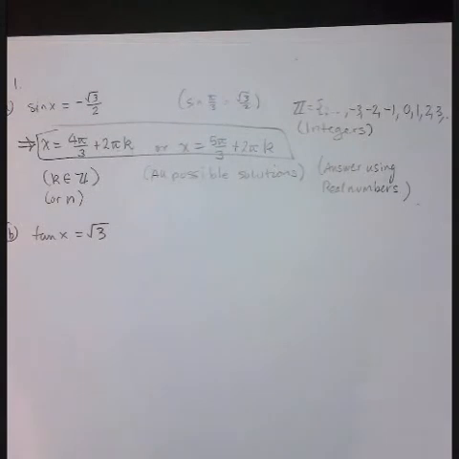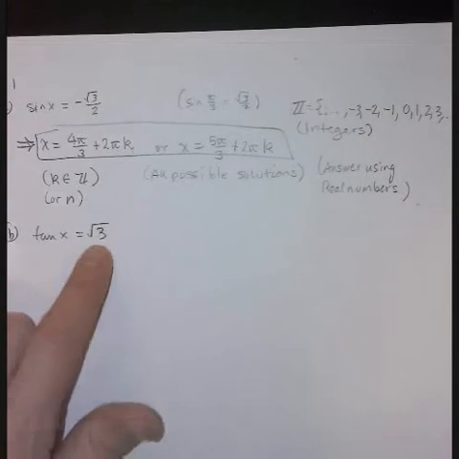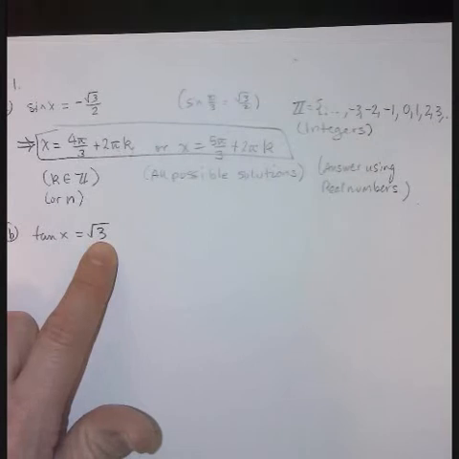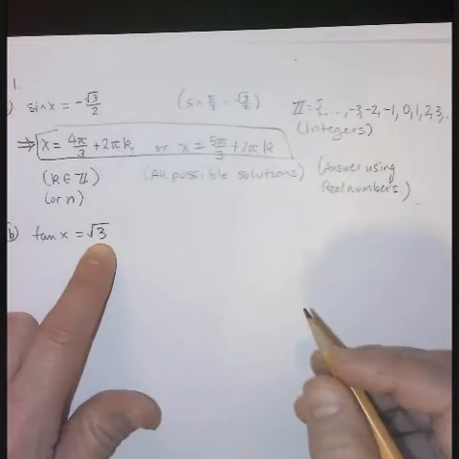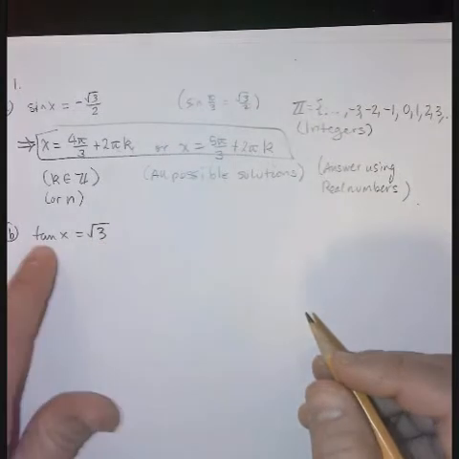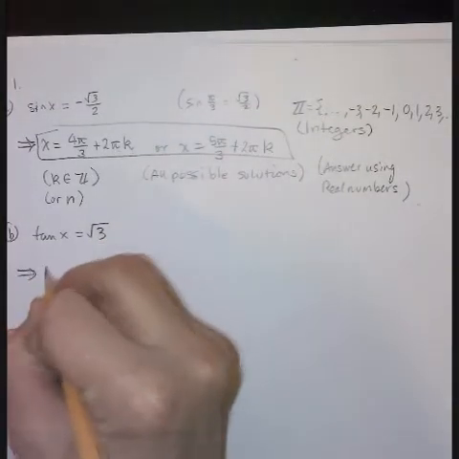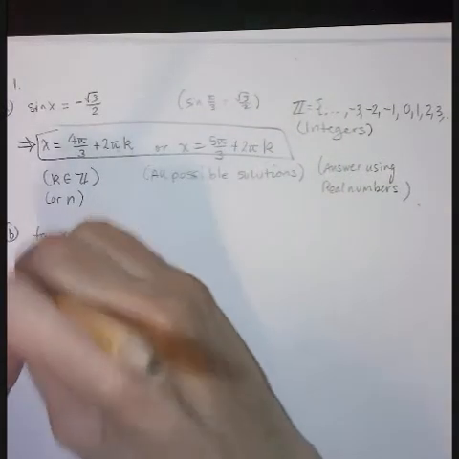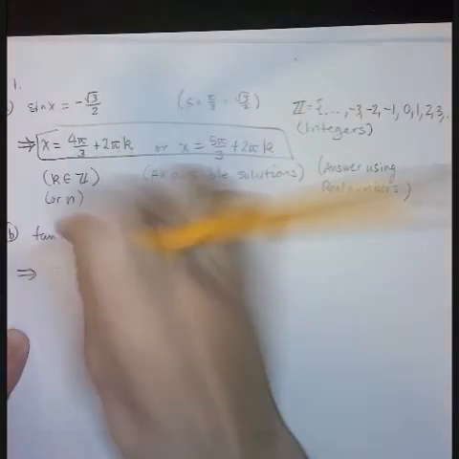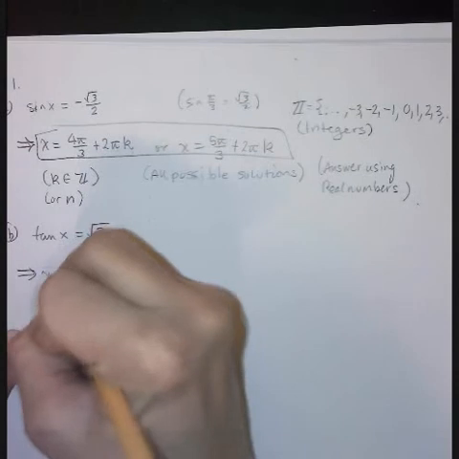That means the reference angle is again pi over 3 like in part A. But this is a positive square root of 3. Tangent is positive in quadrants 1 and 3. So again, with the pi over 3, but in quadrant 1, pi over 3. Sorry. It's early. I'm not awake yet. x equals pi over 3 there.